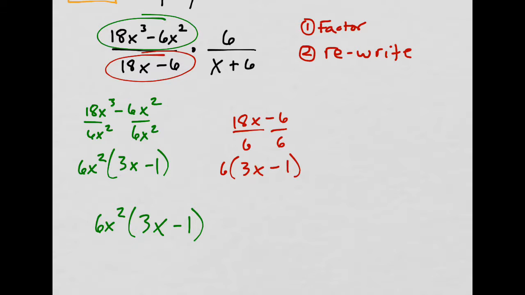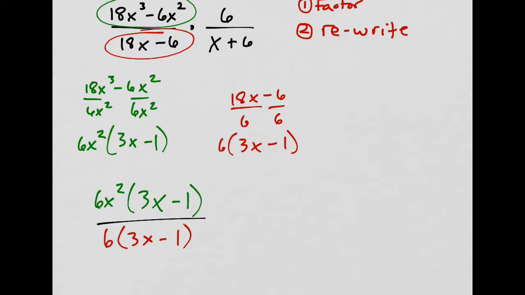And then on the bottom, I have this, because it changed to this when I factored it. So divided by 6 times 3x minus 1. And then I have the rest of it, times 6 over x plus 6.